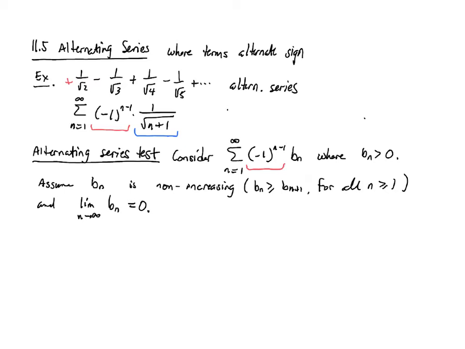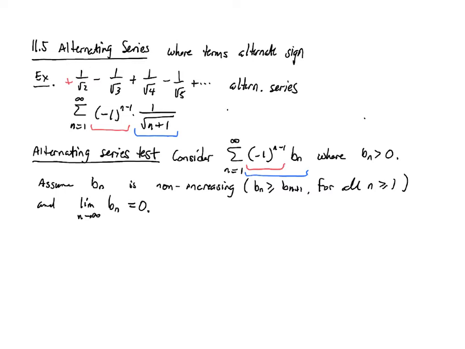Right? So notice that this last condition implies that the original series we're looking at up here has its nth term limit equaling 0. And previously we said that we can't draw any conclusions using the test for divergence, and that's absolutely true.